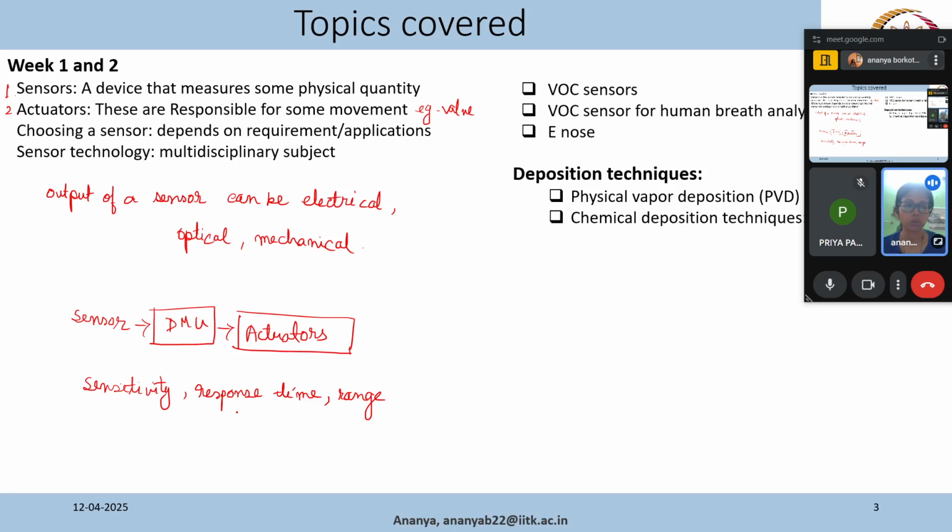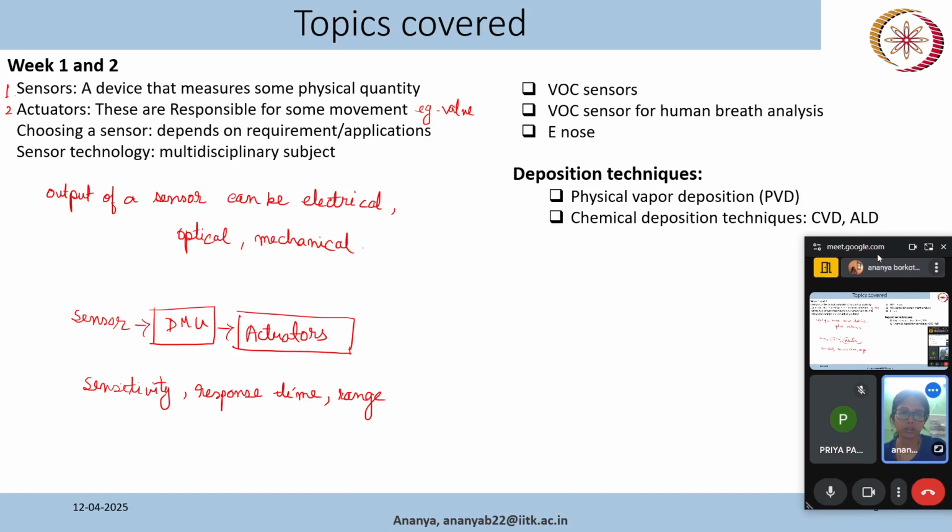We will always go for a sensor that does not cost much. But what may happen is that lower cost sensors may not have very good sensor characteristics, maybe a very low sensitivity. But if that works for our application, then we will obviously go for the lower cost one, if we have to choose between two sensors.